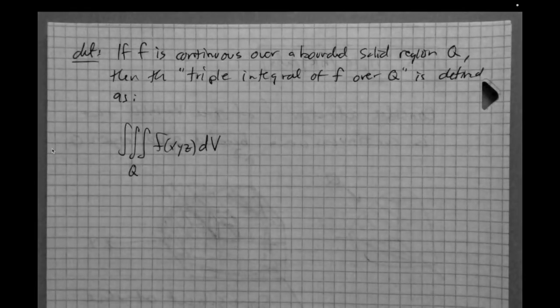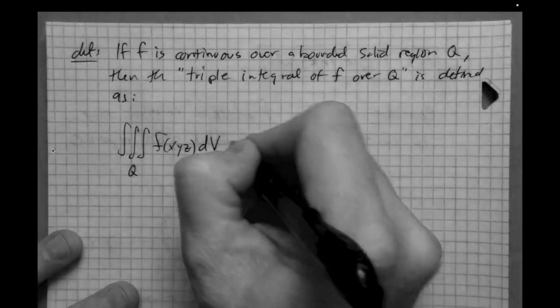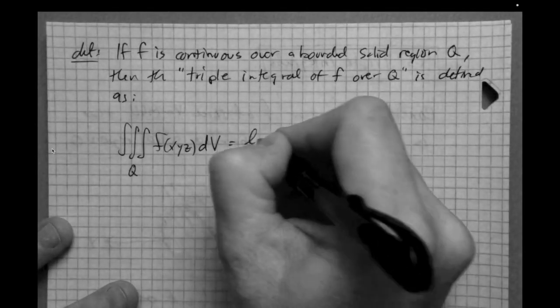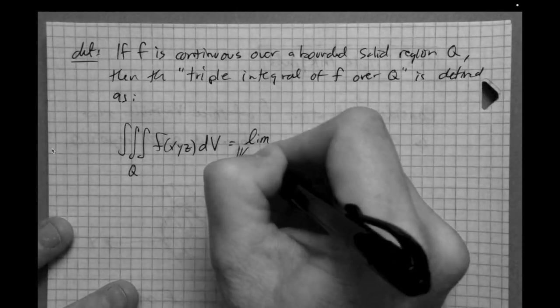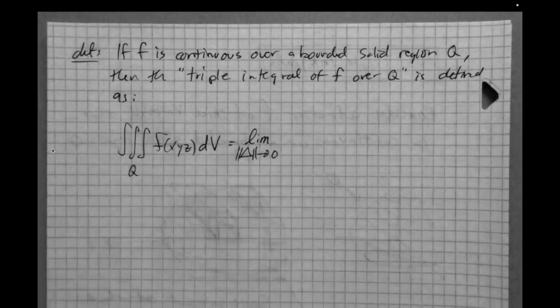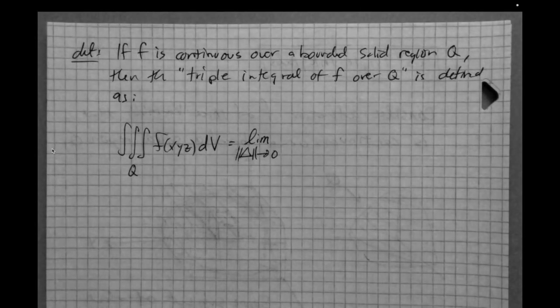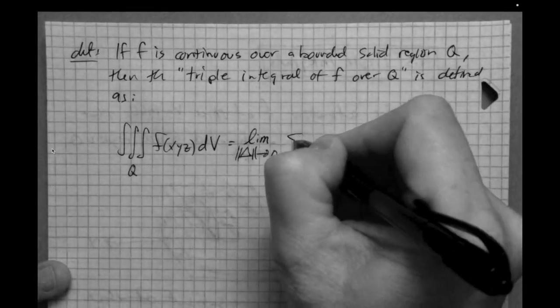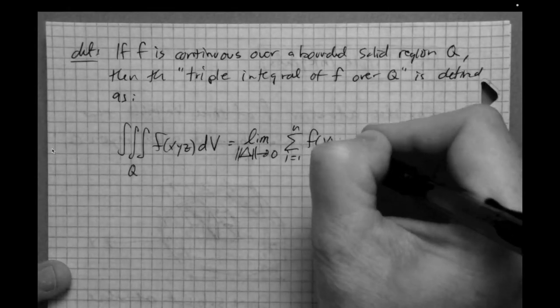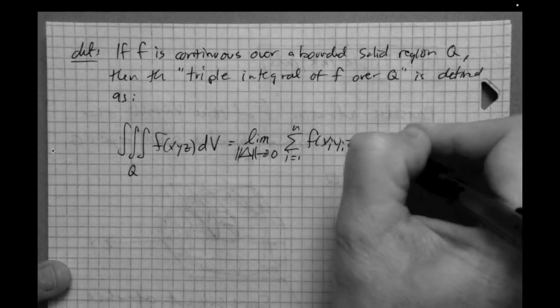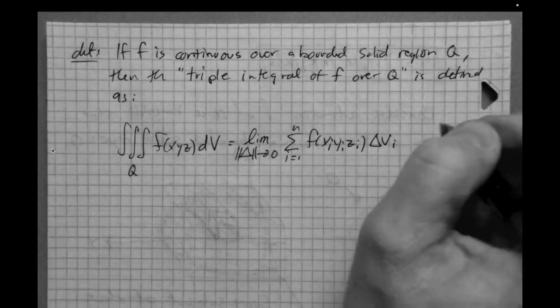That's the notation generally, and by definition what we mean is the limit as the norm of the partition goes to 0, meaning the size of all of the cubes diminishes to 0. Then it's the limit as that occurs of the sum from i equals 1 to n of f of xi, yi, zi times delta vi.